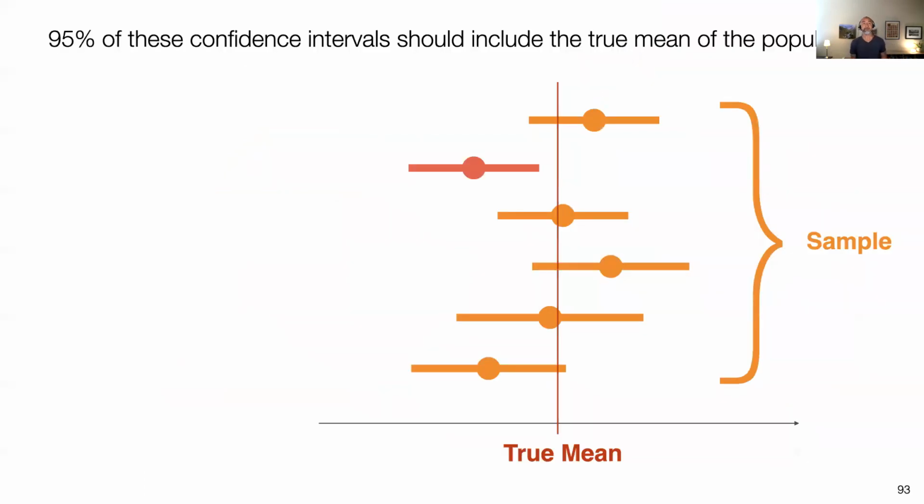If you do that 100 times, for example, then out of the 100, 95 of those 95% confidence intervals should include the true mean, meaning the mean of the entire population. That means 5 of them might not include it, but we can say 95% of them should include the true mean.